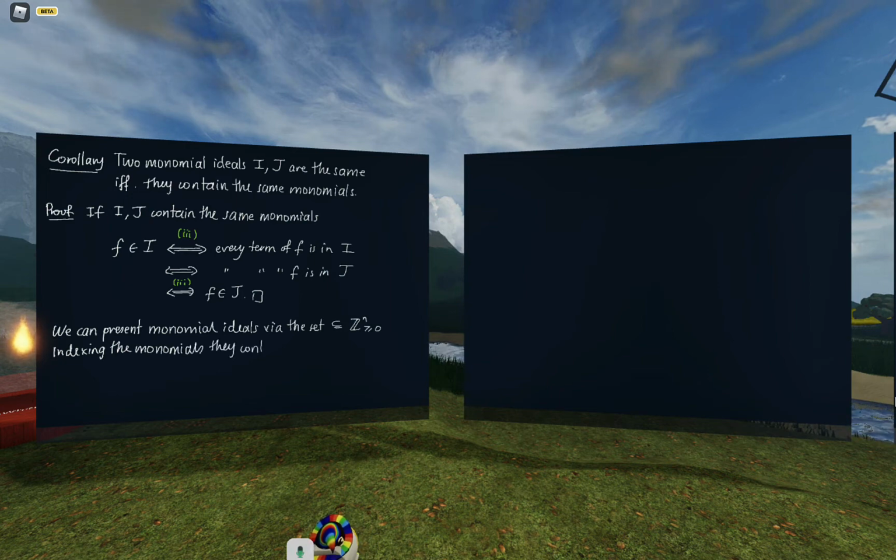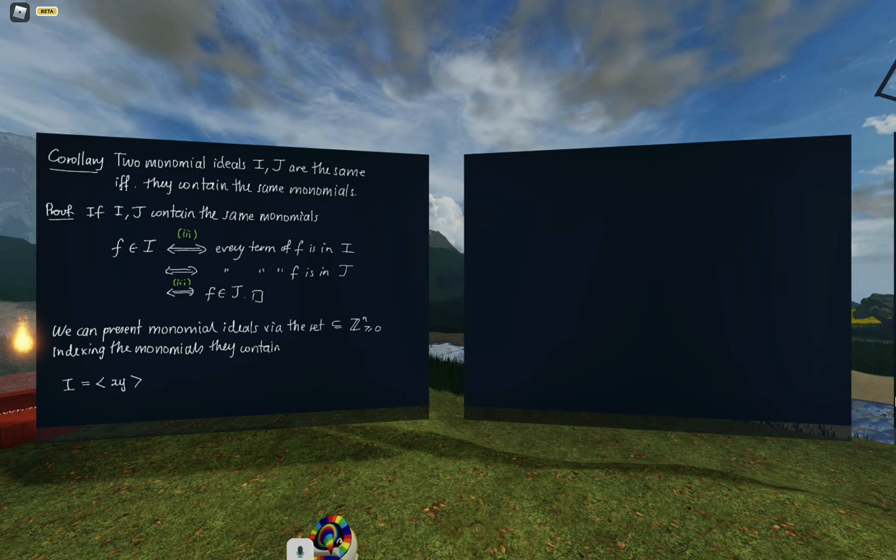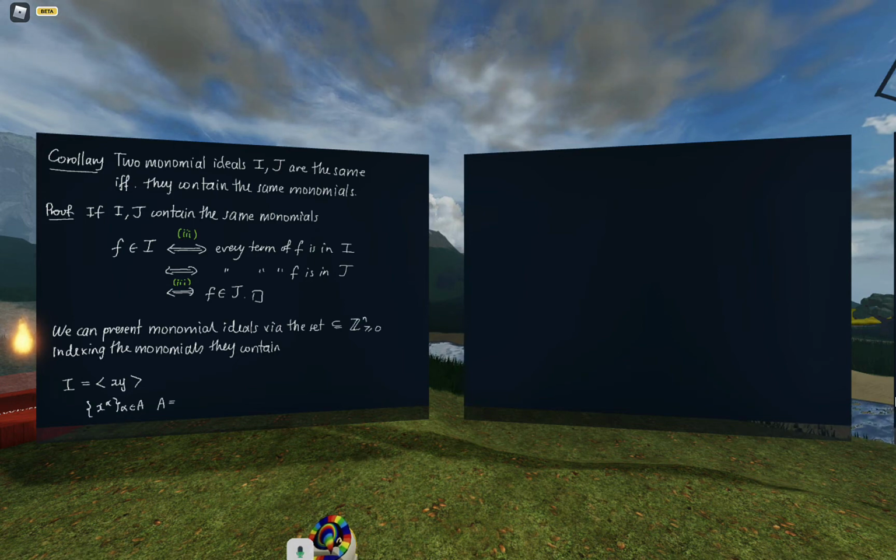Just to be clear, that's bigger than the generating set, right? So if I take I to be the monomial ideal xy, that's x to the alpha, where alpha in A is just the singleton (1, 1).